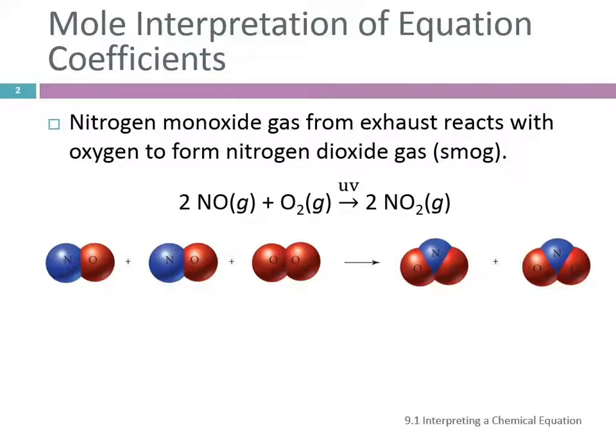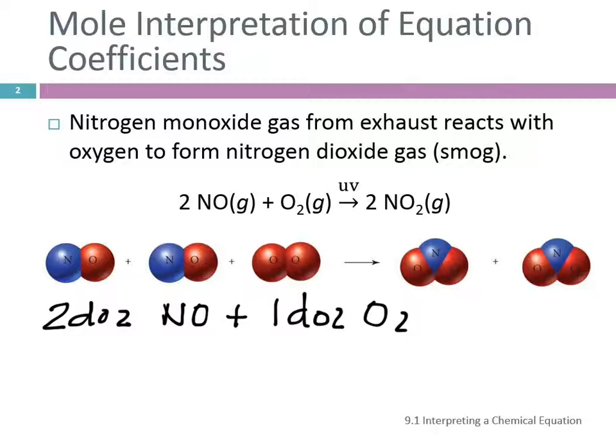What if we said 2 dozen of NO reacted with 1 dozen of O2 to form 2 dozen. I didn't write small enough, did I? Would that be okay? Right? We just multiplied everything by a dozen.